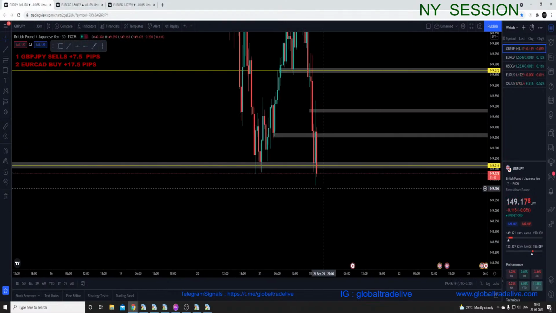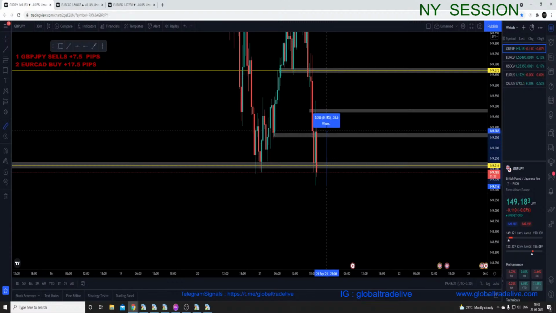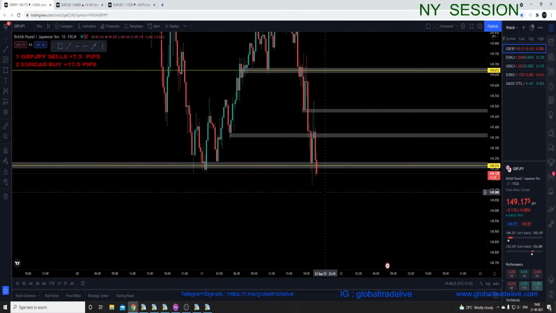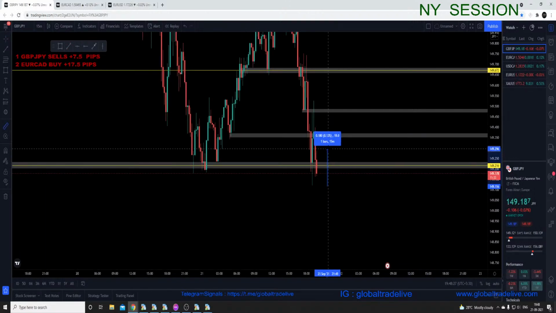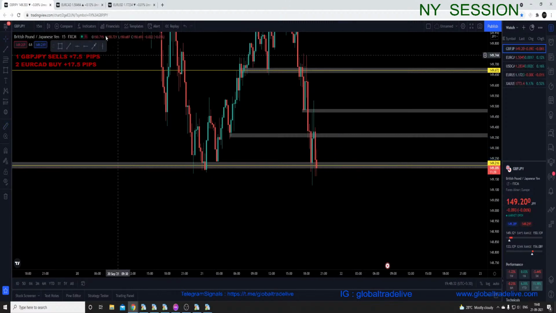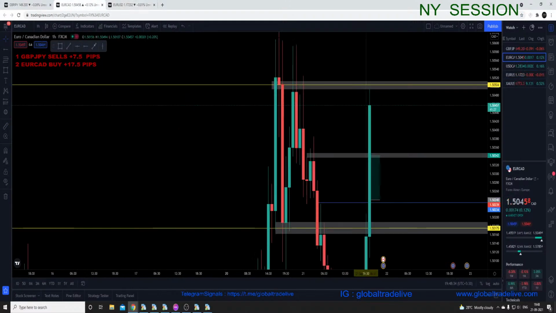GJ is going down, so once it breaks this low, we cannot execute the trade actually, because stops will be really big. Yeah, stops will be extremely big. Oh, that area just tapped. It just tapped that area. Nice.